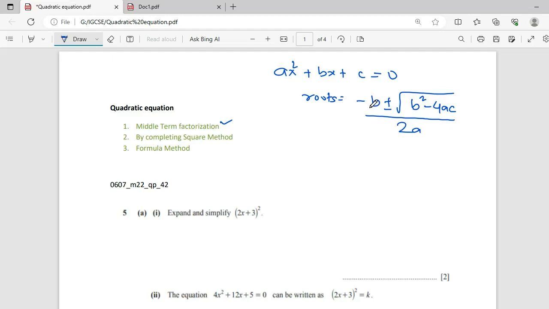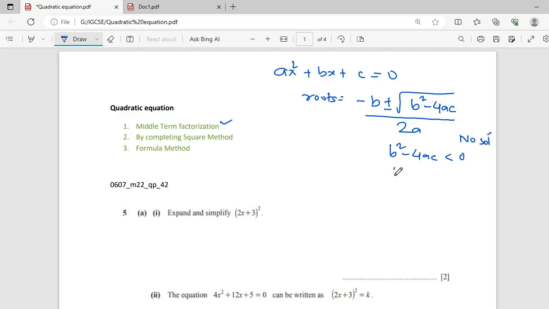Otherwise we will get an imaginary solution, which I'm not going to cover in this session. So if b square minus 4ac is less than 0, there is no real solution in this scenario.